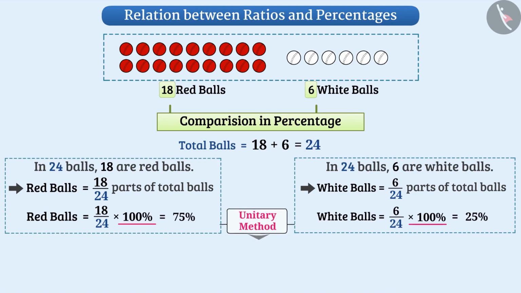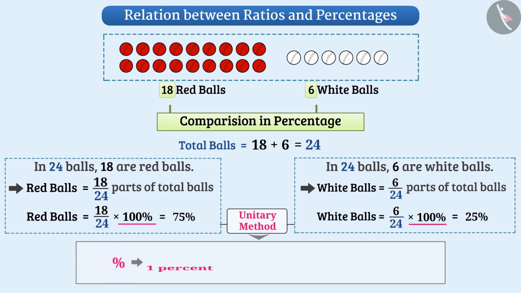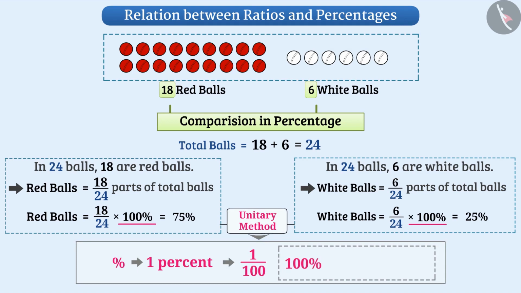Remember that this percent sign represents a percentage, that is 1 divided by 100. In this way, when we say 100%, it means 100 multiplied by 1 divided by 100 is equal to 1. So, there is no change in the value of the number and we can express the number in percentage.